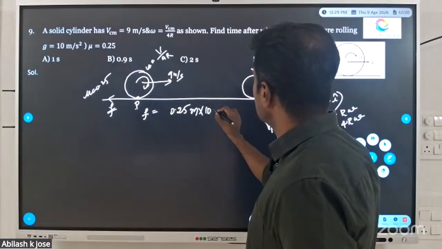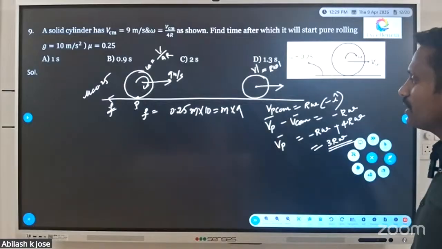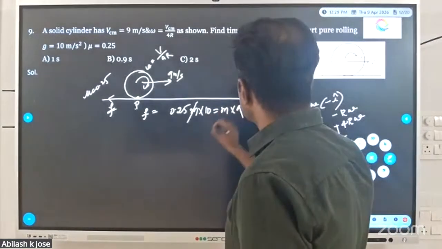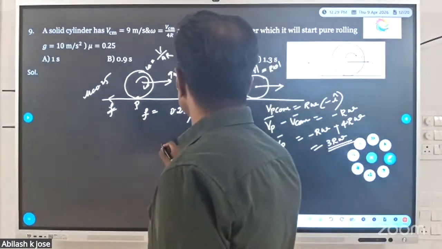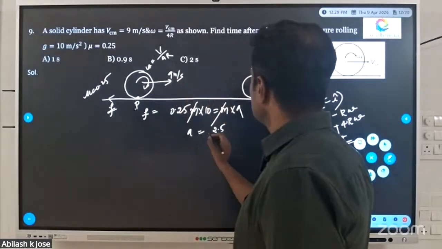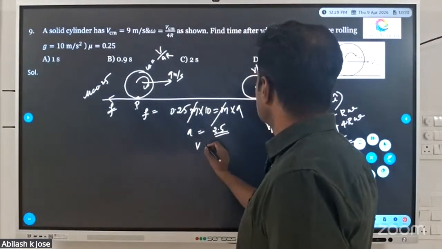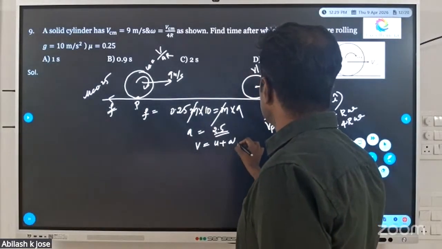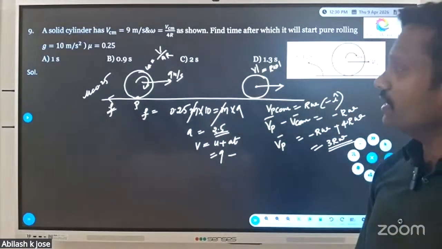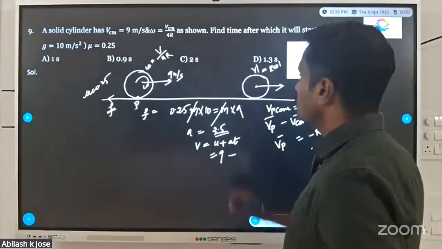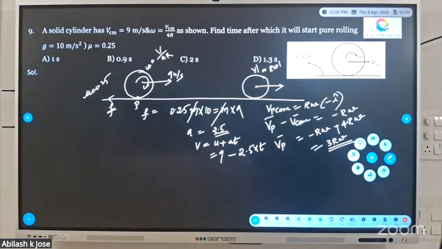So when you use g, it is equal to mass times acceleration. It is going to be retardation because friction acts in the backward direction. So you get the expression a equal to 2.5 into mass. So from the force equation we get the acceleration, and from the kinematic equation for the center of mass, v is equal to u plus at, with time, minus because this is retarding, backward velocity of center of mass. So v is 9 minus 2.5 t.